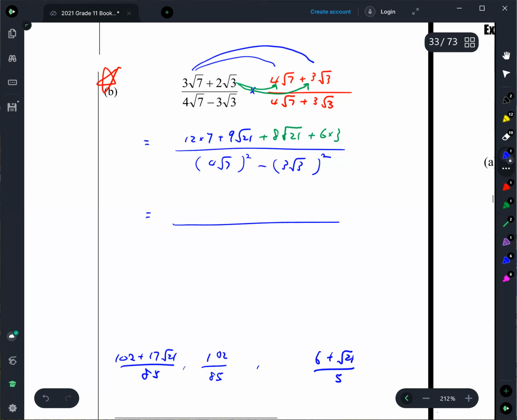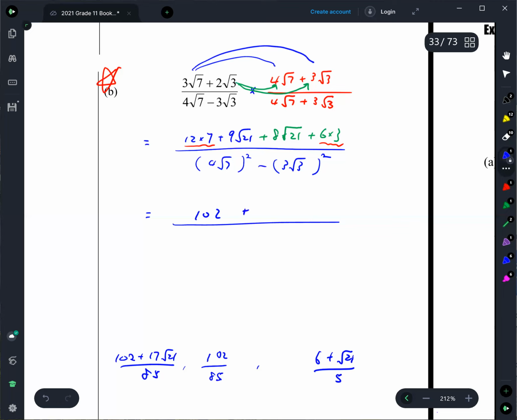Okay, Bernice, so far anything different? I realized I forgot to do the green multiplying. Yeah, so FOIL, right? You have to share every single one. So usually you will get 4 terms and then simplify from there. All the numbers, the 12 times 7, the 6 times 3, if you add them together, I believe it will become 102.